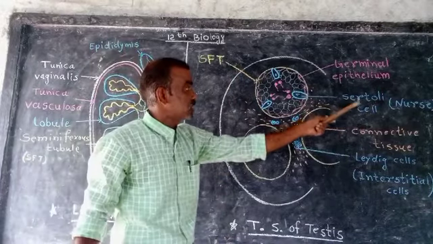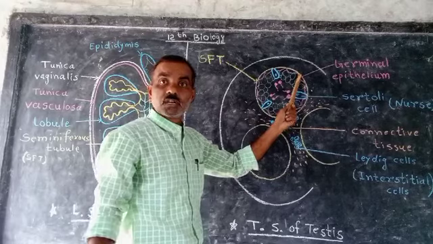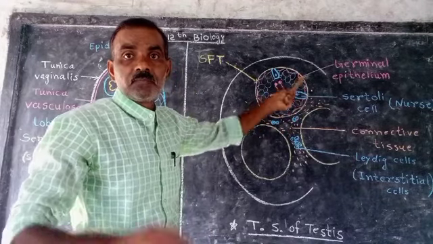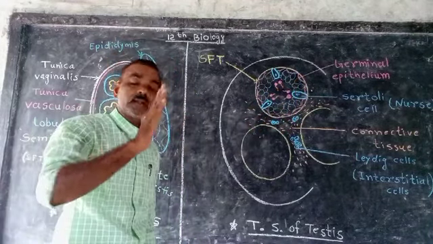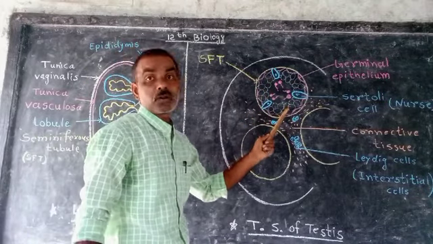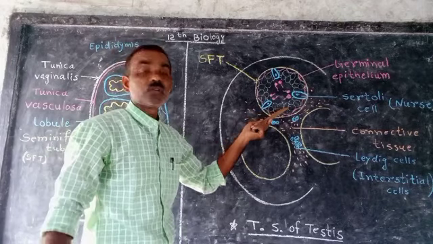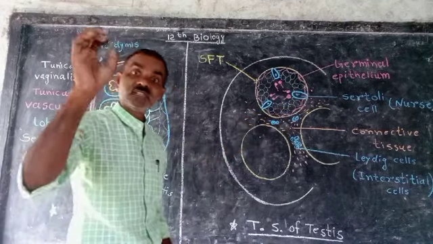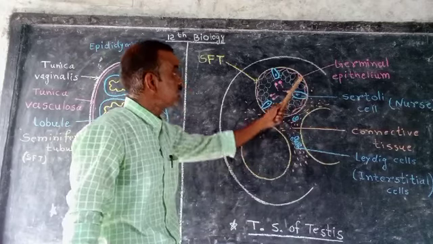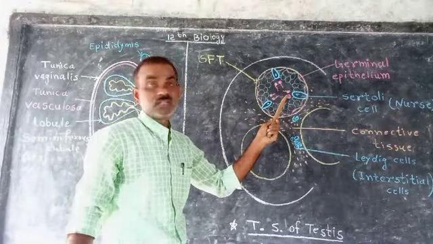The larger cells are Sertoli cells. The outer germinal epithelial cells divide and redivide, and here spermatogonia, or sperm producing cells, are formed, and from the germinal epithelium sperms are produced here in the center.